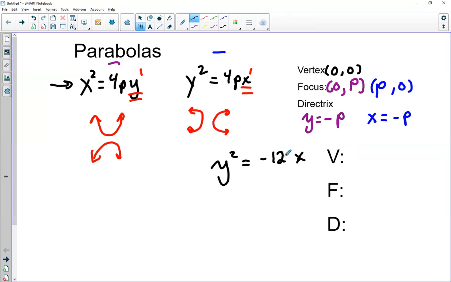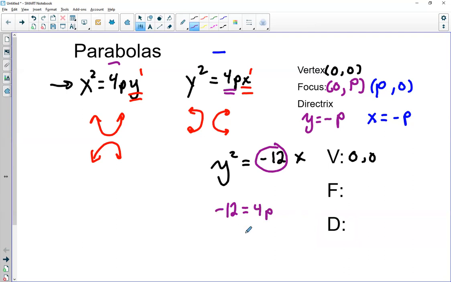In this case, the vertex is always 0, 0. Now the focus, I need to figure out what the focus is. Look at the equation. Since it is 4p, this negative 12 is equal to 4p.